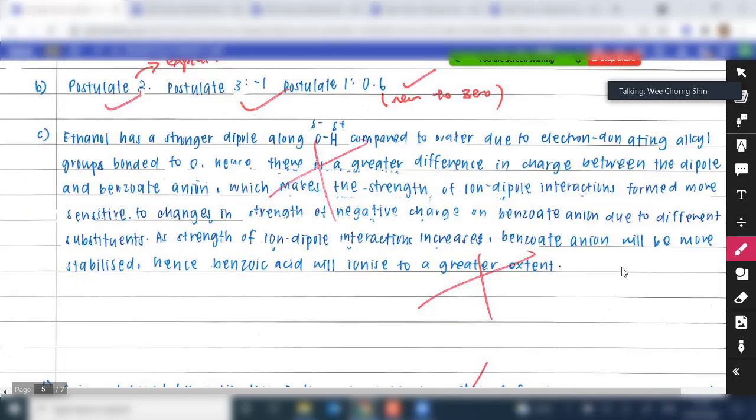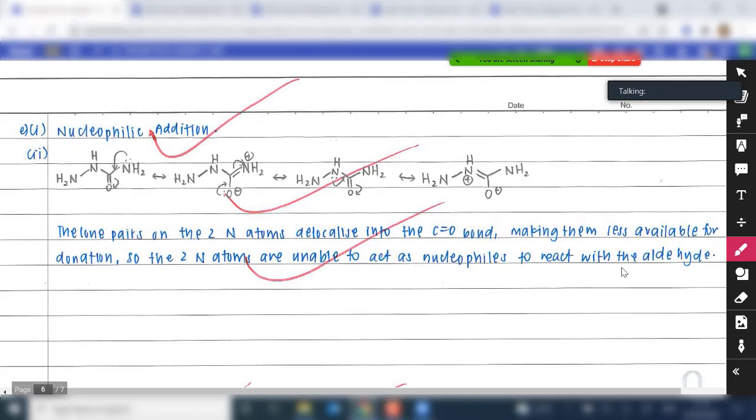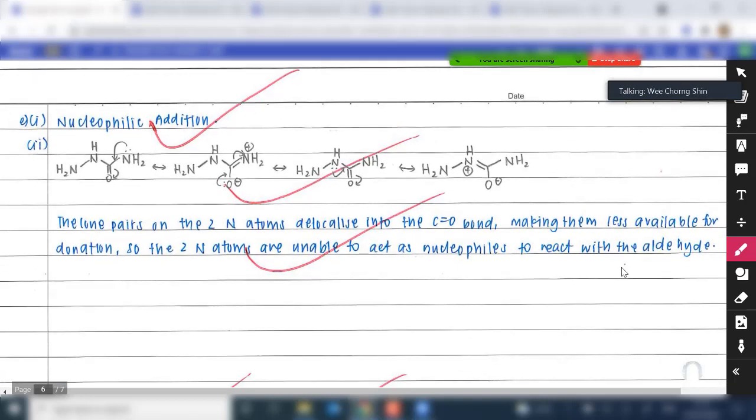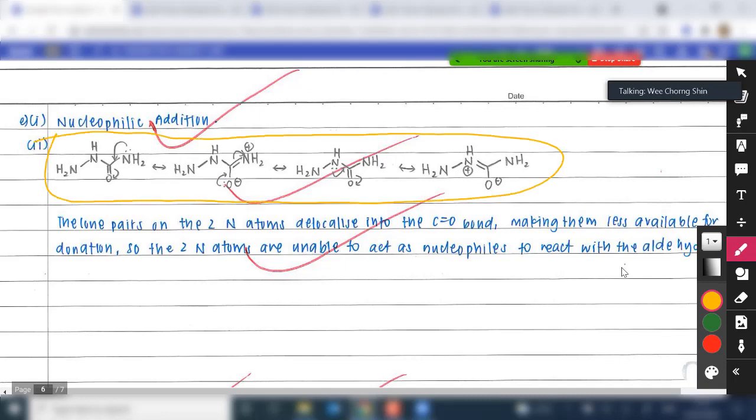In fact, for this particular one, I think it was also drawn in a very clear manner. In fact, I would actually prefer this version because it showcased that oxygen is a better electron sink because it takes on the negative charge. But again, who are we to say which version? Because in actual fact, it's all in between.